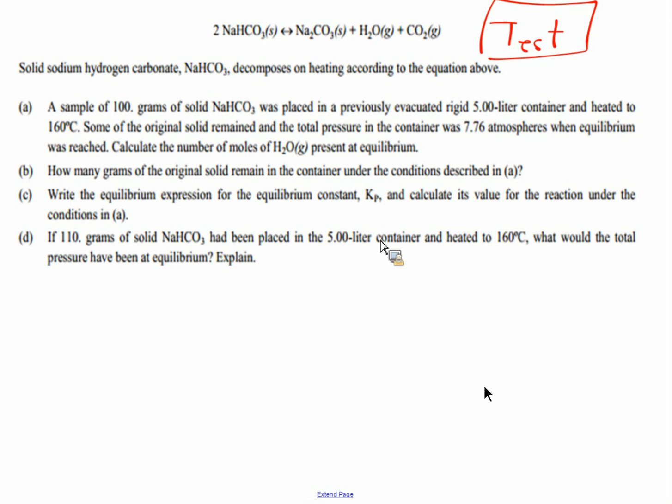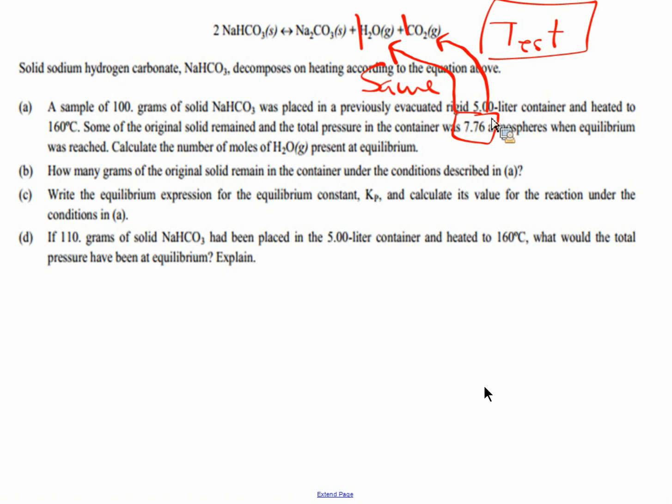All right, here's what you need to know. There's a 1 right here and a 1 right here, right? So what can we say about their moles at equilibrium? They're the same. So what does that mean about this number? How much of this number is water? Not 1/3 of it. 1/2, and that would be the other half.